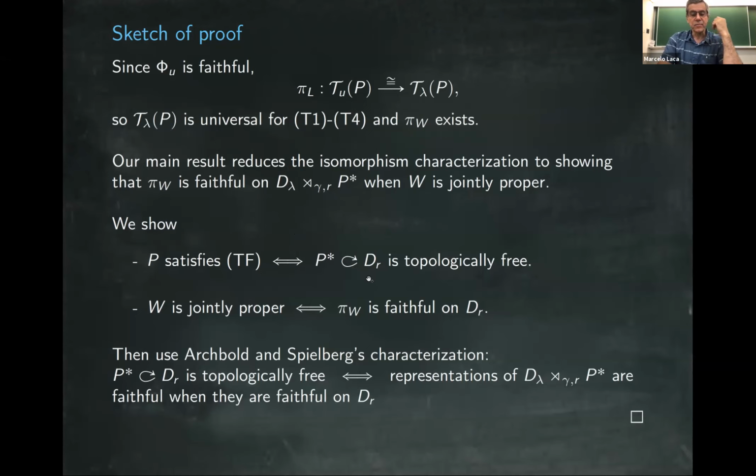And we also translate the jointly proper condition to stating that pi_W is faithful on the diagonal. So this is another translation. We're still not at the cross product, we're still at D_lambda, but then we use Archbold and Spielberg's characterization that says that the action of a group on a compact Hausdorff space is topologically free if and only if representations of the cross product are faithful when they're faithful on the diagonal. So by this result of Archbold and Spielberg, we can move up from D_lambda to the cross product and complete the proof of the theorem.